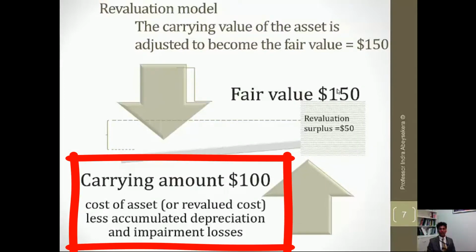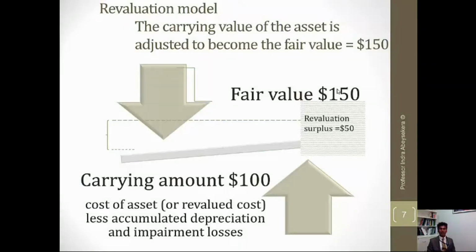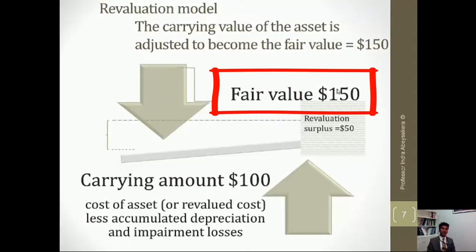That's the carrying value, not just the cost. We compare the carrying amount with the fair value. Fair value is the value that will be provided by a third party at arm's length. We can take market value as a proxy.